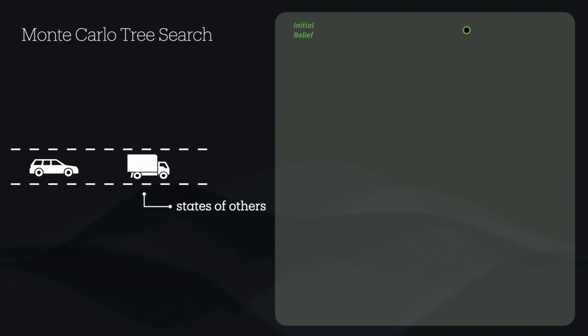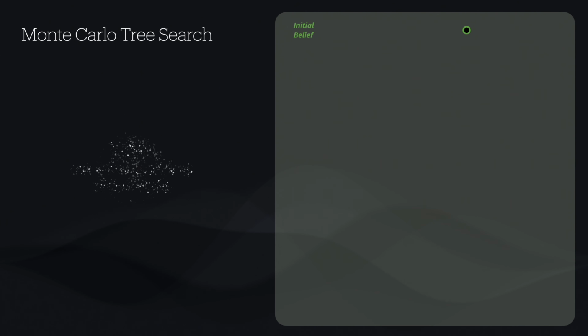They're also for other cars and other agents on the road. So if there's a truck, let's say, in front of us, we also keep a belief of these states as well, perhaps about its shape or size. If we're looking at this van or truck from behind, we might not know how long it is. Maybe about its intention, so we don't really know which direction it's going to take afterwards, and so on. All of these combined are what we call our belief, which is essentially our understanding of the world.